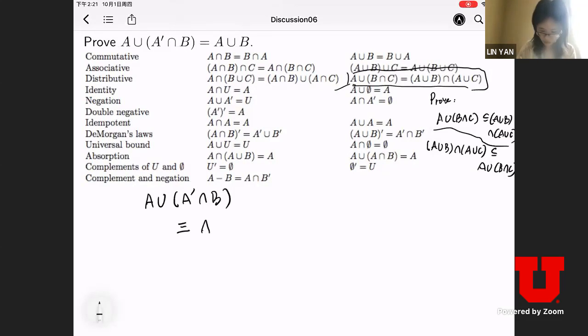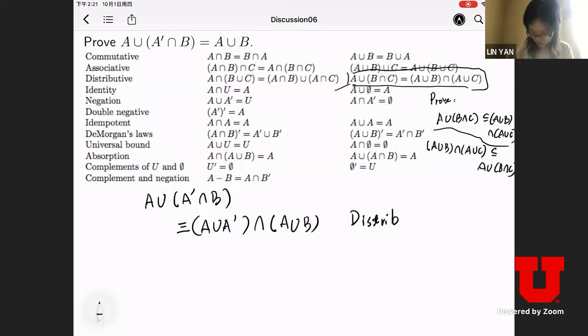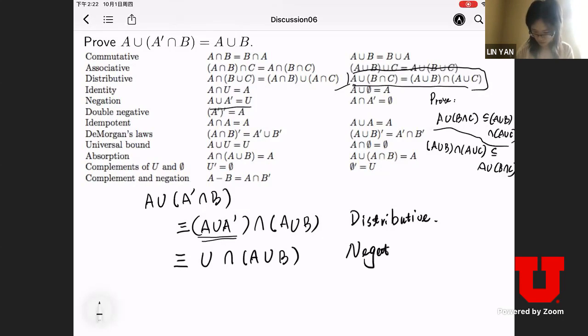It is equal to A union A complement, intersect A union B. And this is by distributive. And then because we can find this one in negations, it is equal to universal set U intersect A union B. And this one is by negation.